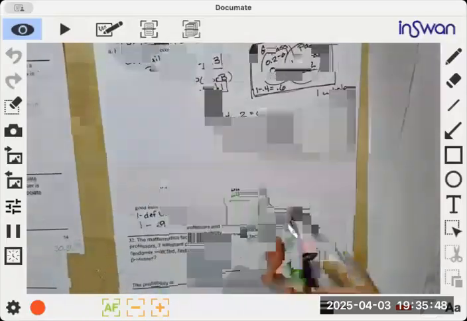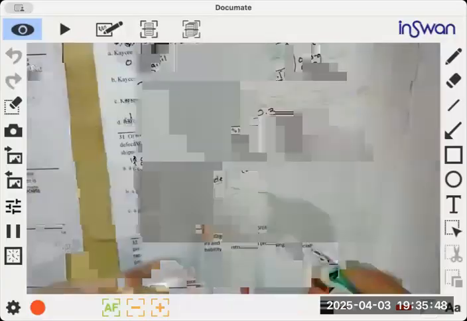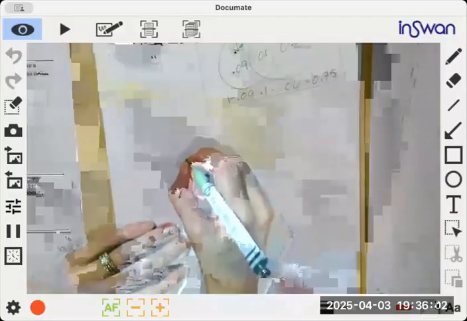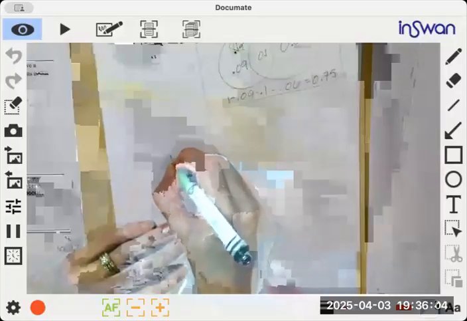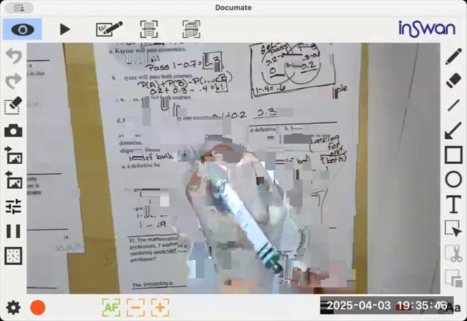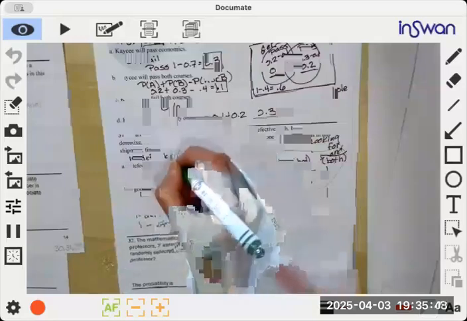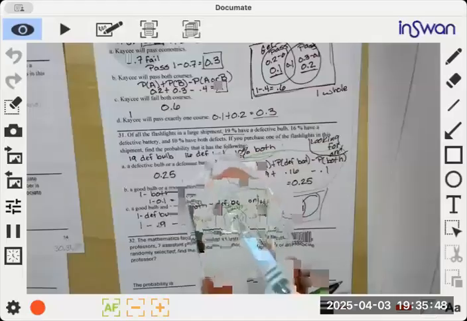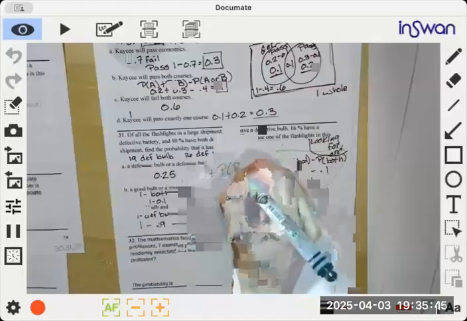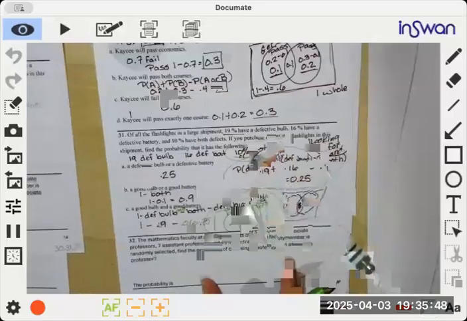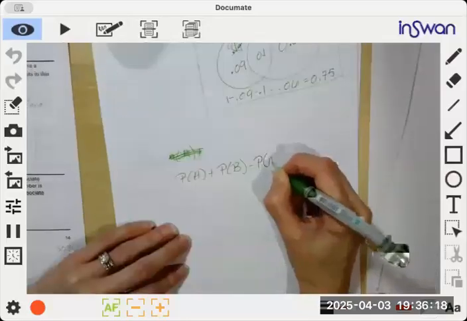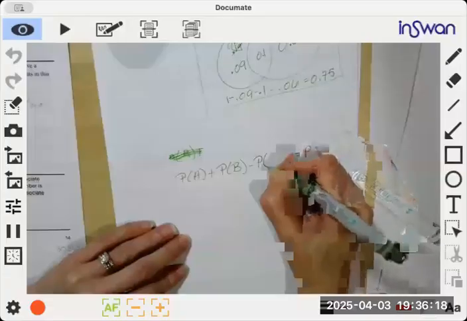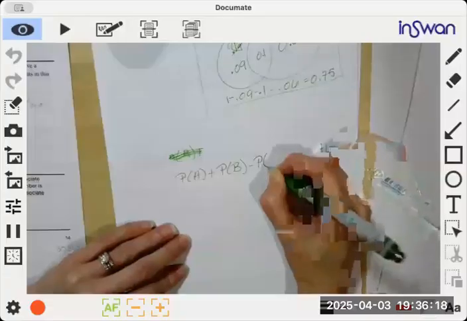So the probability of A plus the probability of B minus the probability of A intersect B equals the probability of A union B.